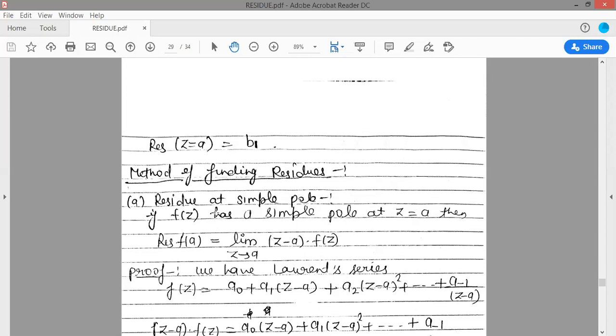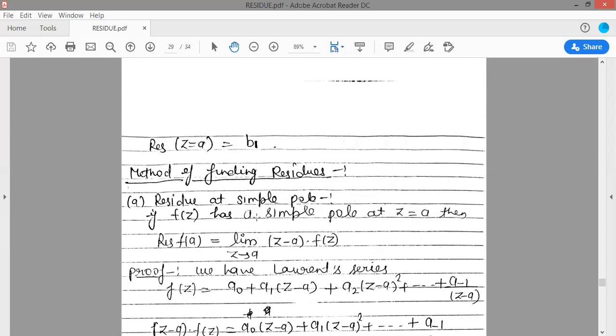So that means if you are getting b1, it means a minus 1. 1 upon z means z to the power minus 1. So the coefficient of z to the power minus 1 will be your a minus 1. And if you are getting only the a minus 1 value or b1 value, suppose 1 upon z is here, so the coefficient of z to the power minus 1 is 1, right? 1 into 1 upon z means a minus 1 is equal to 1.